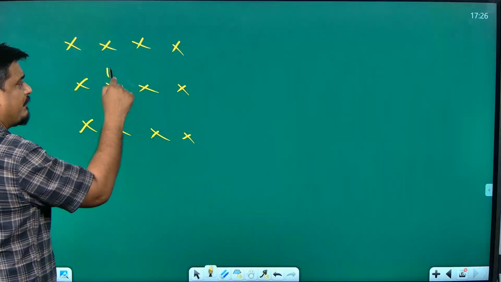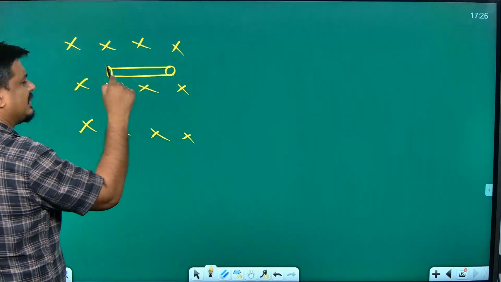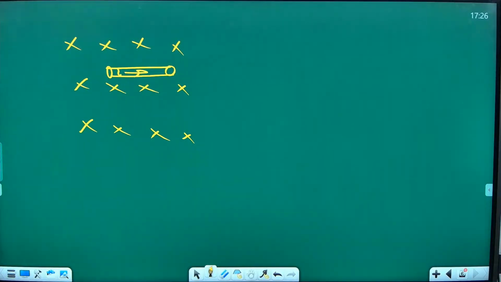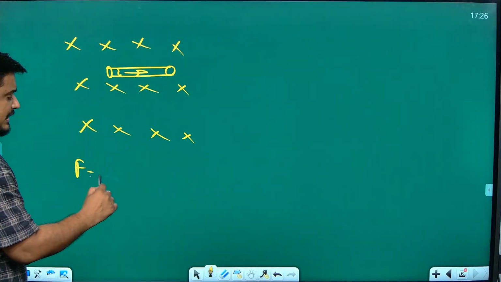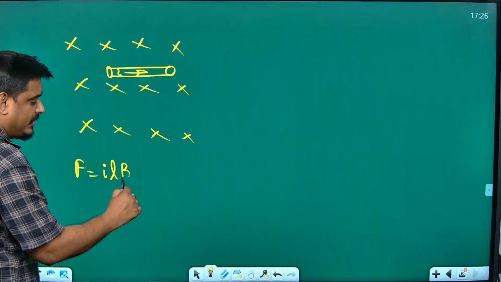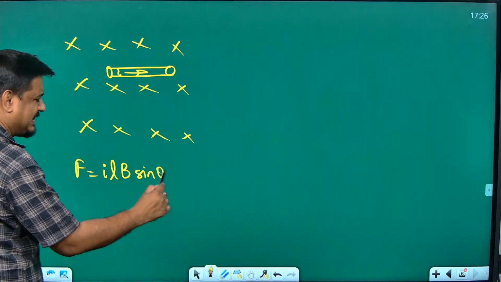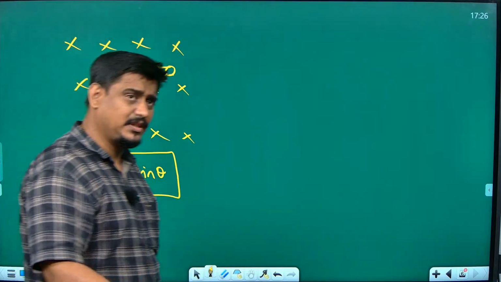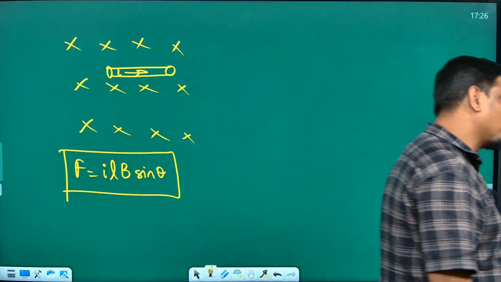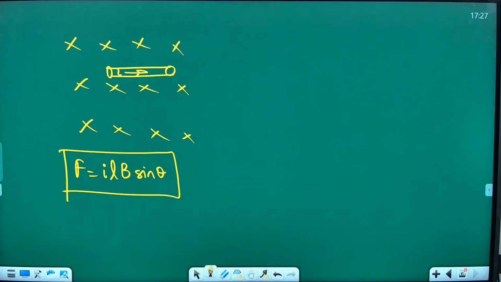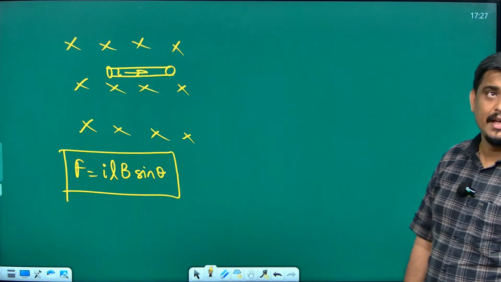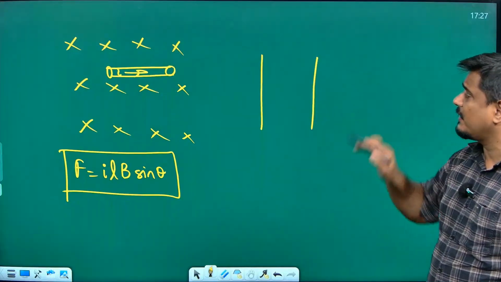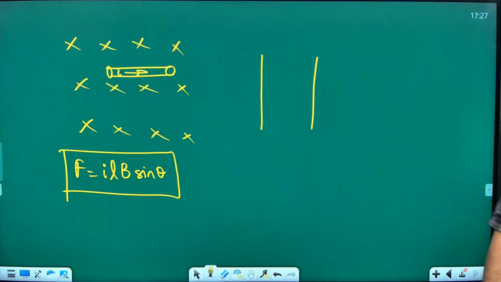That is, if you have a current carrying conductor kept in a magnetic field, what is the force acting on it? And the answer is, the force acting on it is ILB sin theta, isn't it? You remember this? ILB sin theta is the force on a current carrying conductor kept in a magnetic field. And then we have learned what happens if two parallel conductors are kept near to each other, no magnetic field.